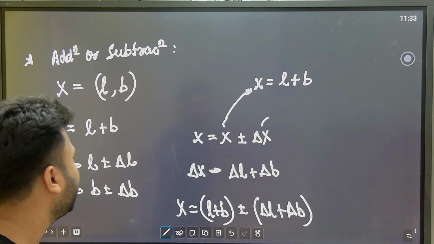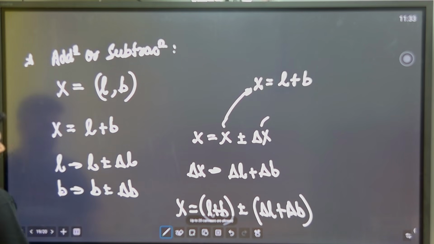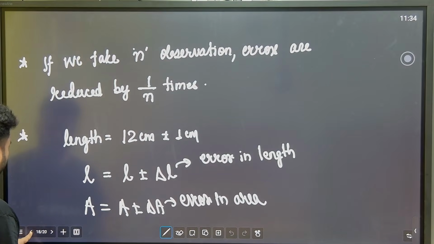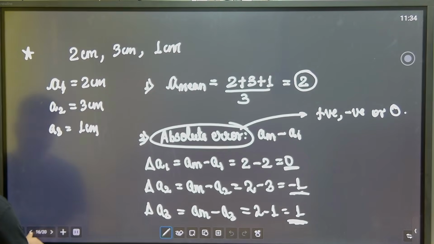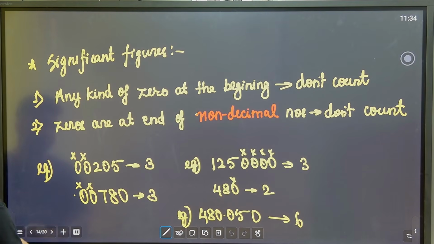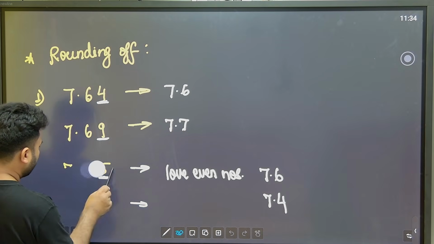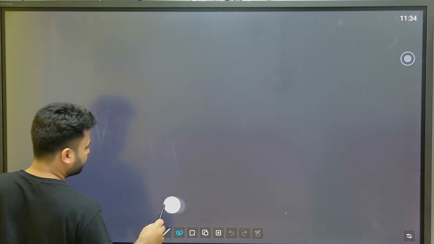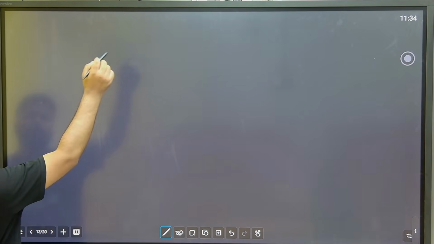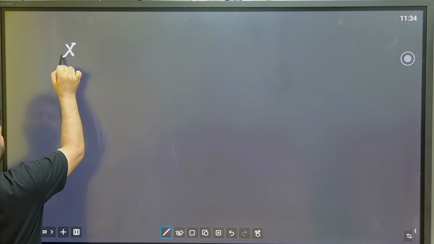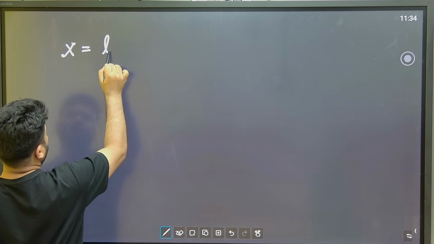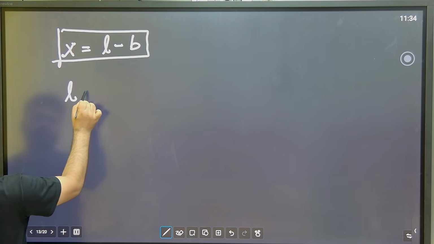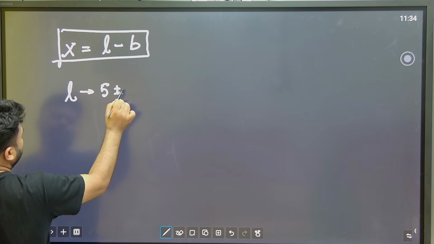Correct? Just one example I will take. Suppose x is given as L minus B, x equals L minus B. The length is given, and since you are not confirmed, you write 5 plus minus 2.